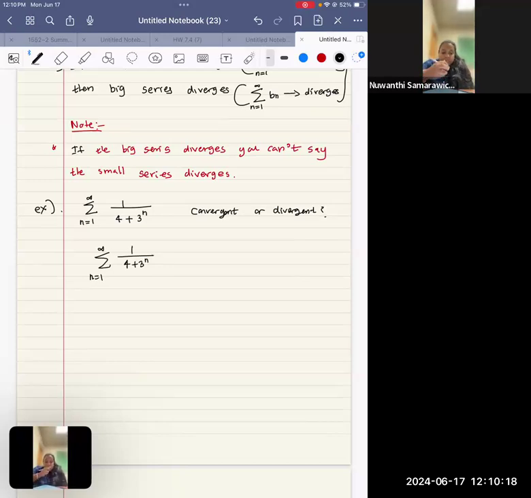Here you see in the denominator you have 4 plus 3 to the n. If we get rid of this 4, we will get a series like this, 3 to the n.